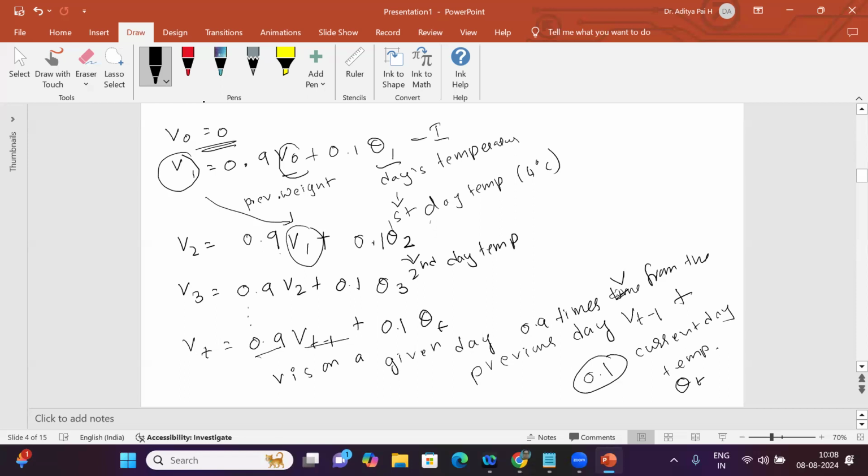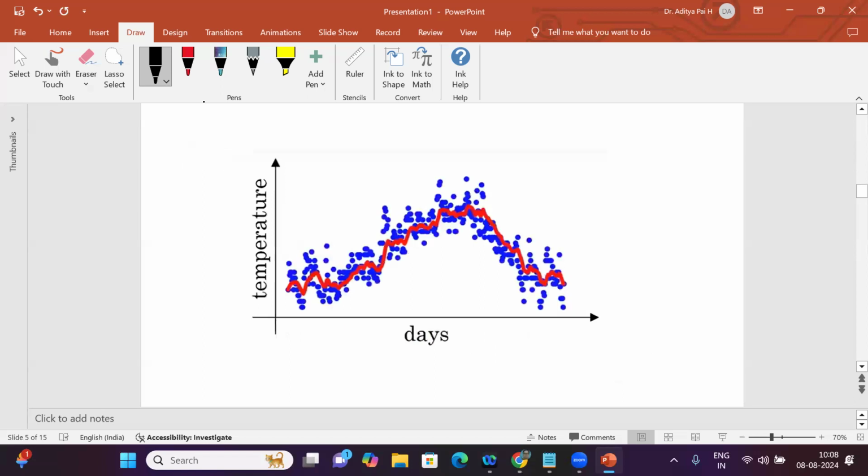So if you compute this and plot them, you get this red line over here.